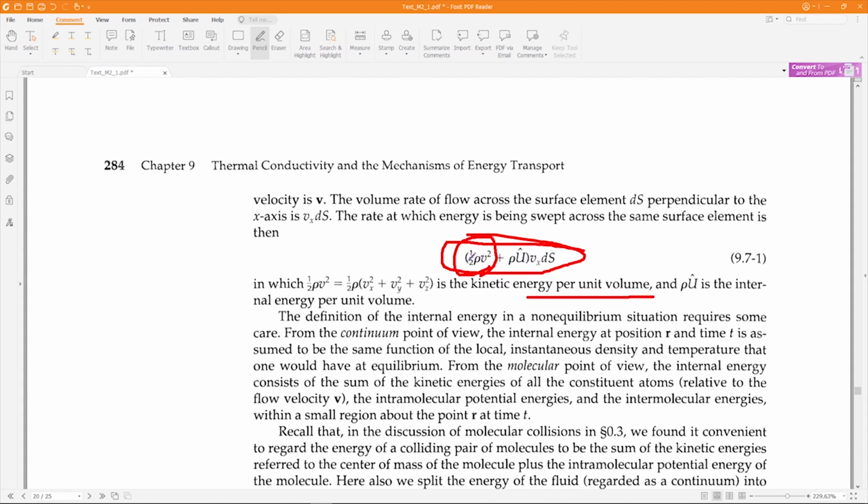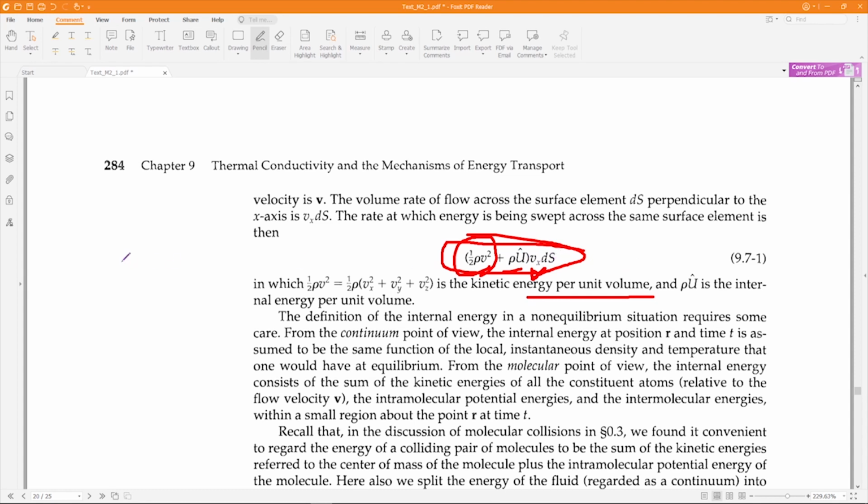So half rho v square is kinetic energy per unit volume. Rho u cap is internal energy per unit volume. Okay, so u cap is nothing but specific internal energy, that is internal energy per unit mass, and rho cancels out. Then this will be internal energy per unit volume. And v is the fluid velocity in the x direction, right?